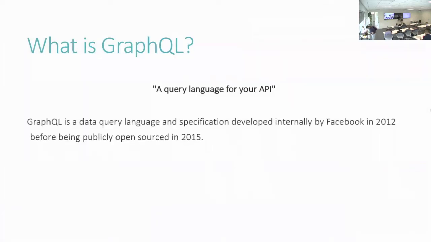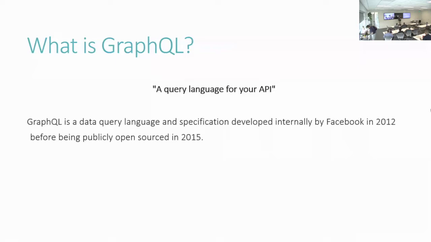So first of all, what is GraphQL? Well, if you go to graphql.org, the first thing you'll see is GraphQL is a query language for your API. It's popularly used as an alternative to things like REST for communicating with your backend.